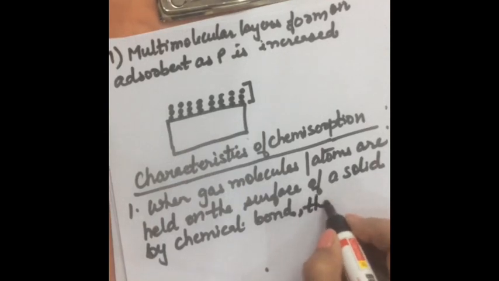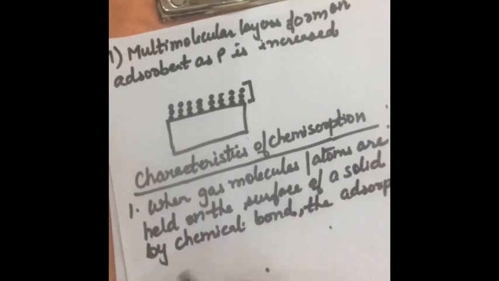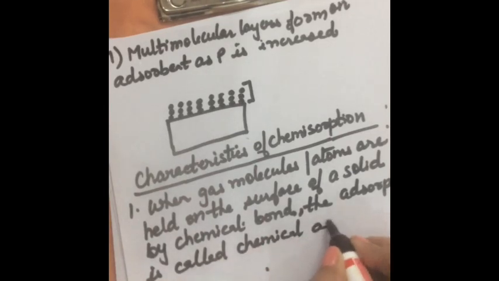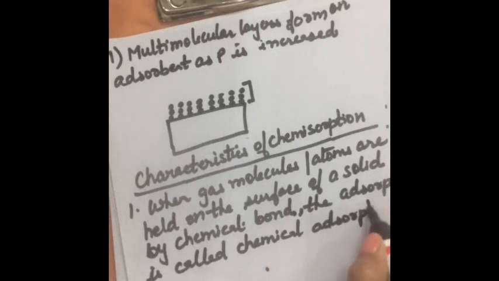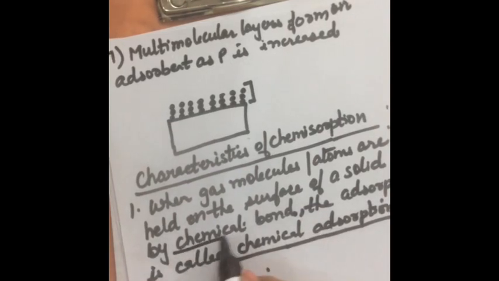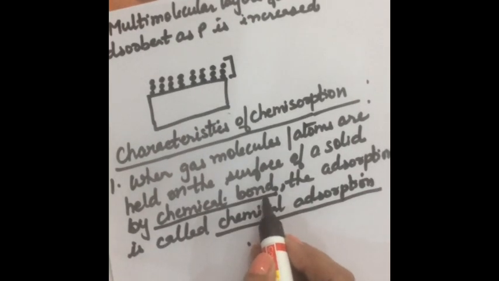Then the adsorption is called chemical adsorption. So this word chemical adsorption is used because a bond is formed between adsorbate and adsorbent, and that bond is a chemical bond.